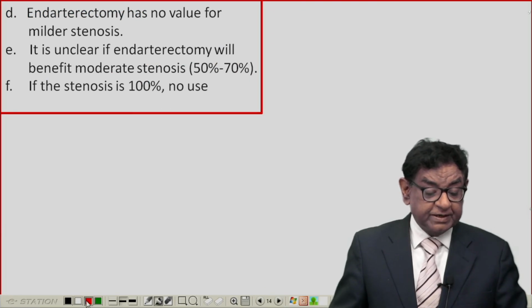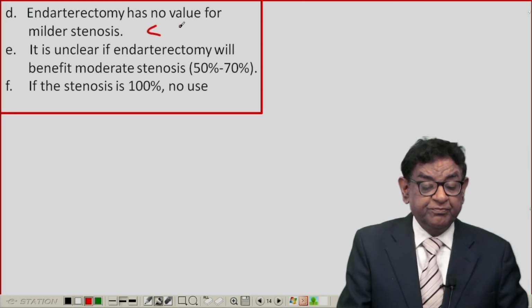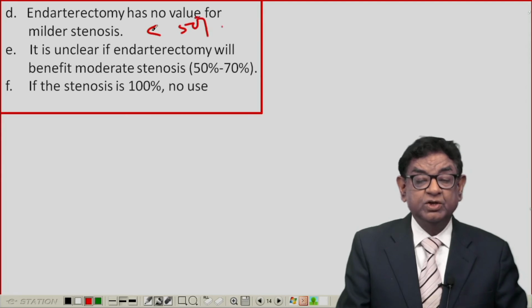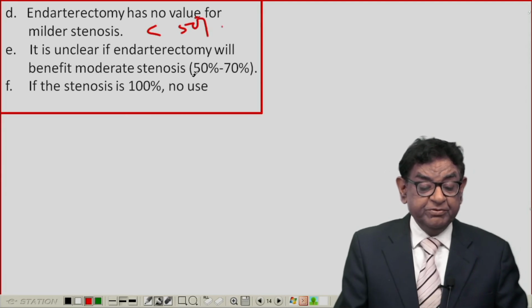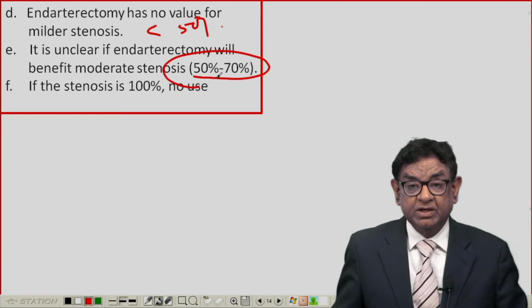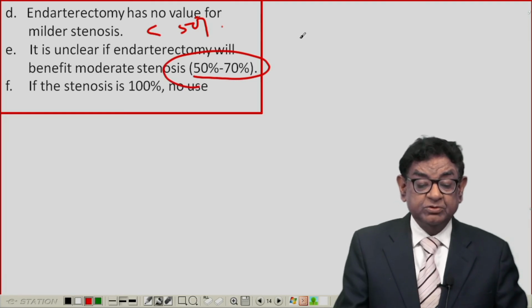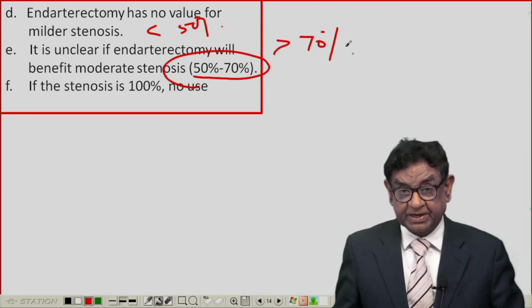And one more thing, if the lesion has below 50% blockage, there is no role. In 50 to 70%, the role is doubtful. So it is best for 70% blockage or above.